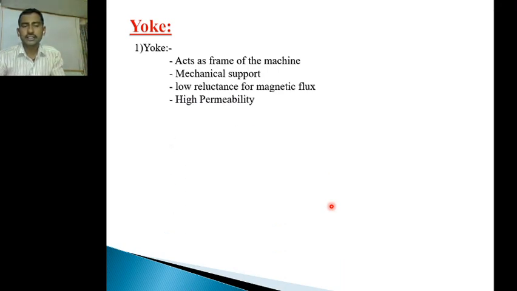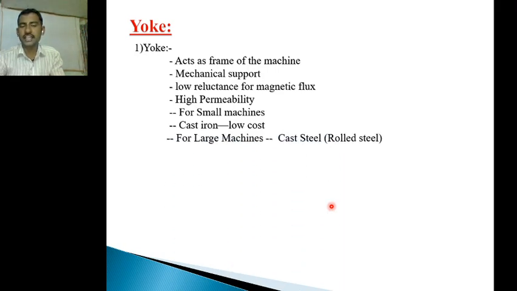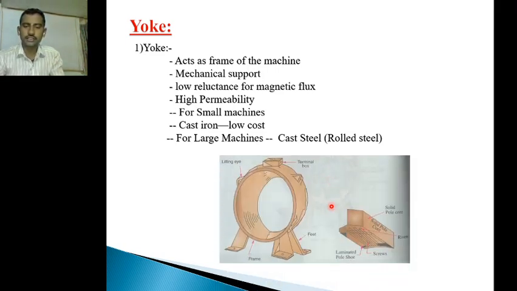And next, it has high permeability. For small machines, the yoke can be made with cast iron, because the cost of cast iron is low. And for large machines, we can use cast steel or rolled steel. The diagram for the yoke is this one. Here we can observe all the functions of the yoke.